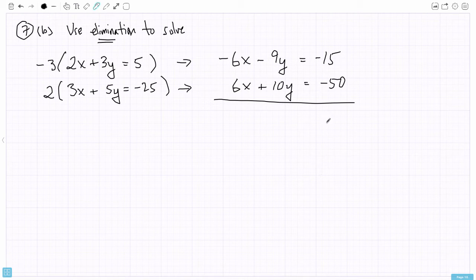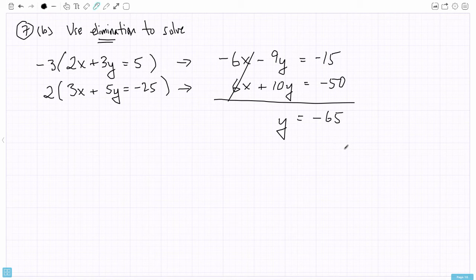Now, when I have this left-hand side, negative 6x minus 9y is the same as negative 15, I'm going to add that same quantity on both sides of something that's equal, and I'll get something that's equal. So basically I'm adding the two equations together. The x's are going to cancel out. This is 1y equal negative 65.